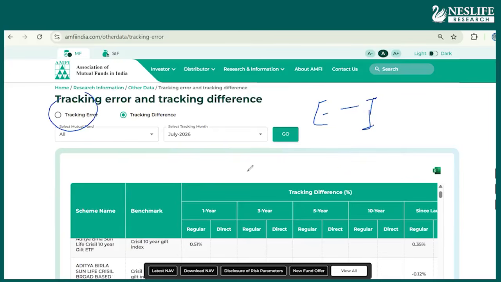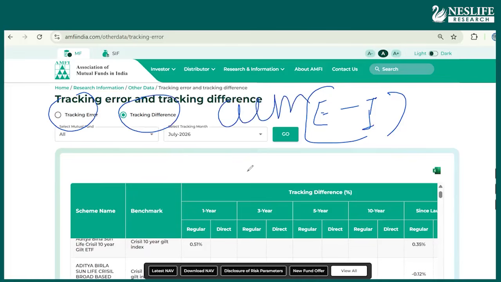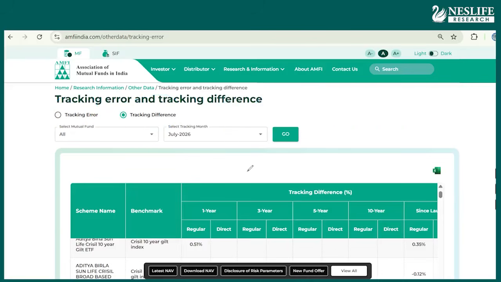And the error is the standard deviation of the daily difference. This is cumulative, so tracking difference is a cumulative number: how much difference in the last 1 year, 3 years, 4 years. Tracking error is the standard deviation of the daily difference.